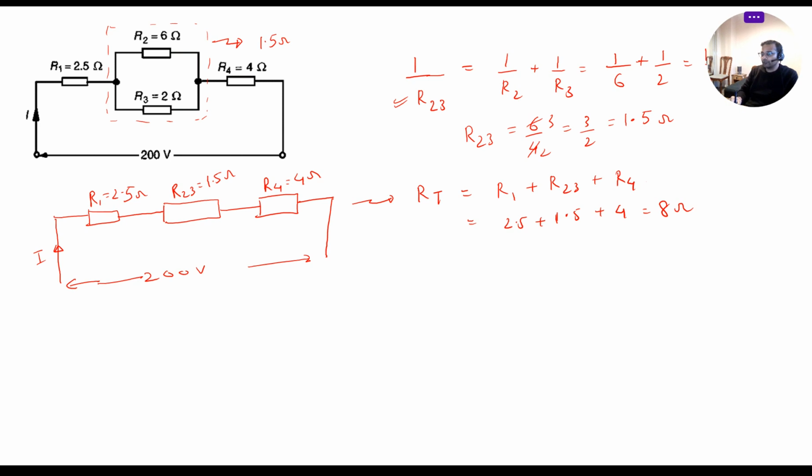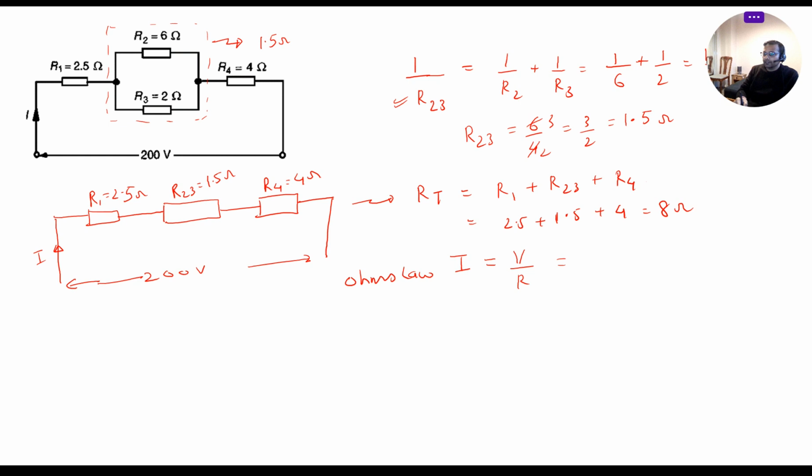Now we need to find the supply current I. So we can use Ohm's law. Current is equal to voltage divided by resistance, right? Using Ohm's law.